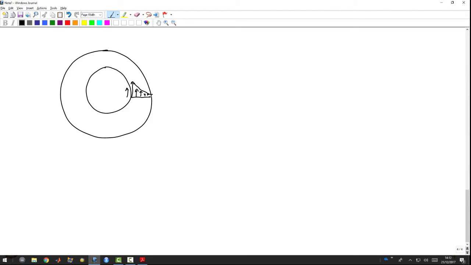So the velocity decreases and goes to 0 at the top edge. So again, in this case we only have v theta, and again del v theta by del r will indicate deformation and rotation.